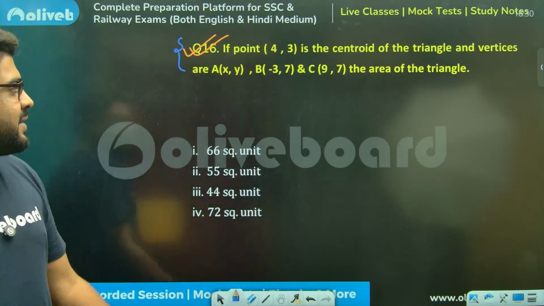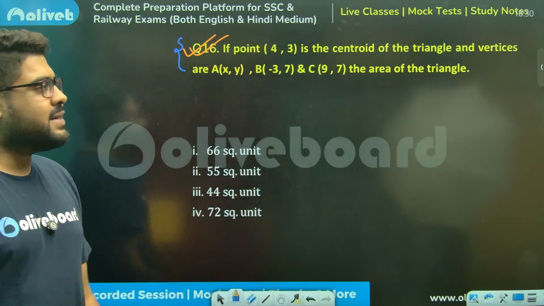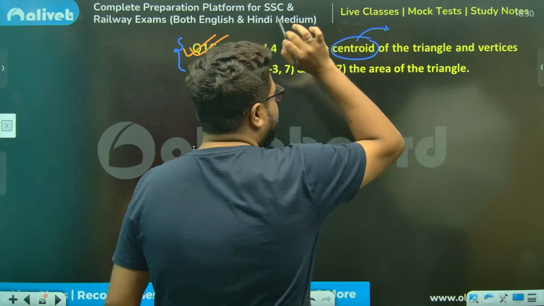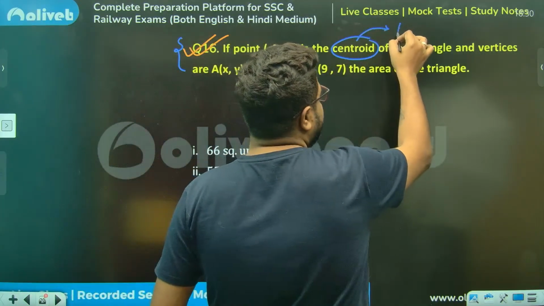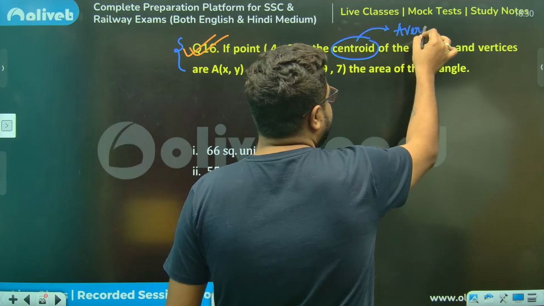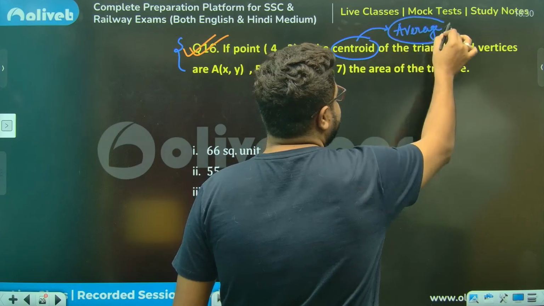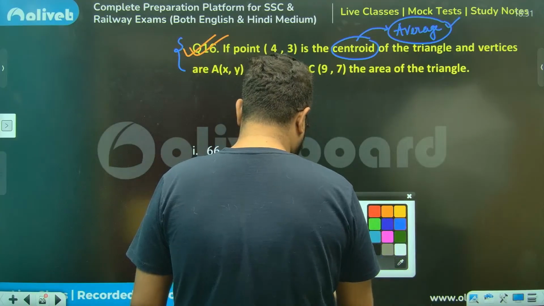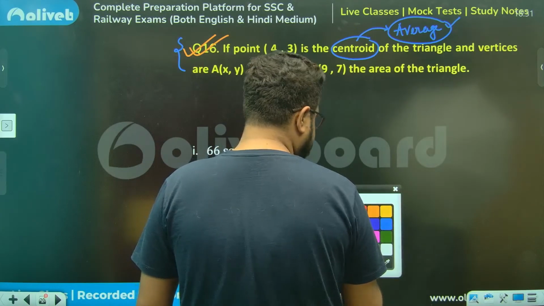Now, this one, sir. Centroid. How to figure out the centroid? Centroid is nothing but an average. Kaisa average?